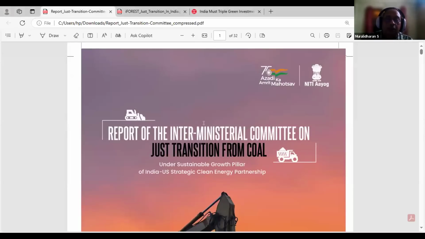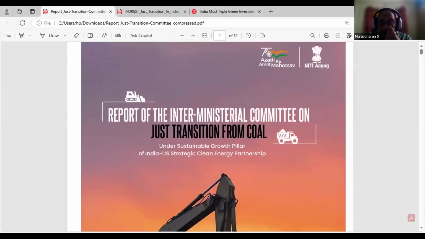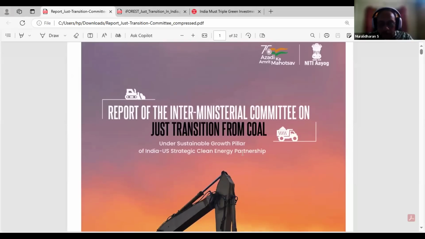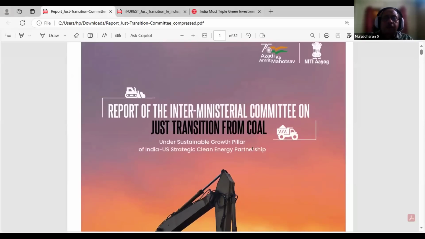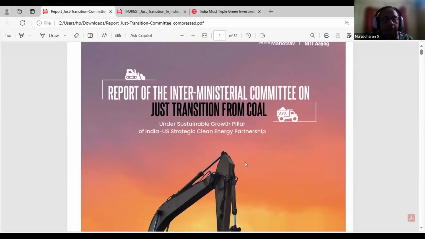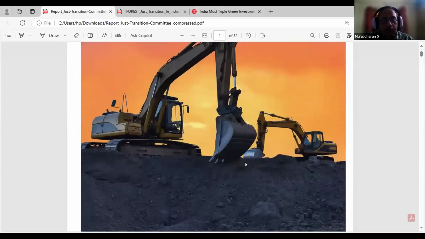Because I didn't talk about just transition in India, somebody may be curious: are we discussing these things or is it alien to India? So these are some of the documents, like the one where Niti Aayog has come up with an interministerial committee on just transition from coal, because obviously they will have to go out of coal.